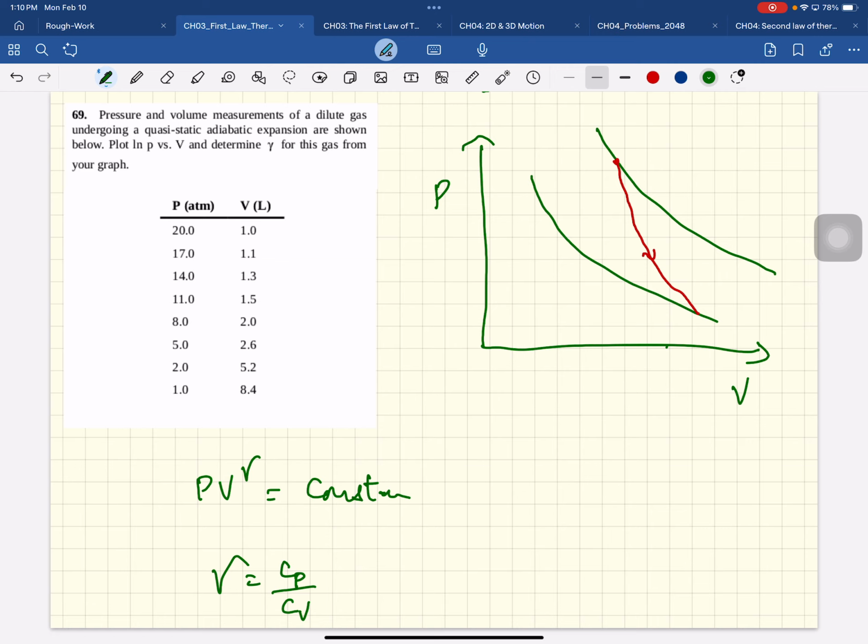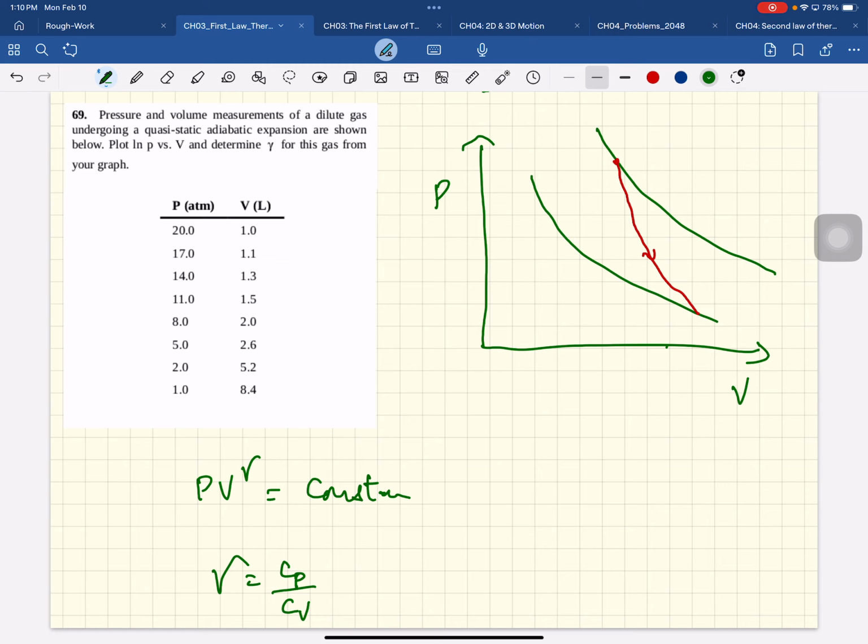And remember, gamma tells you how complex the molecule is. For a monoatomic gas, for the noble gases, gamma is 1.67. For a diatomic gas, gamma is 1.4. And a more complex gas, gamma will be smaller.